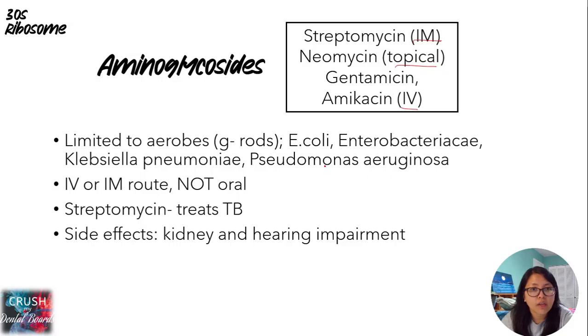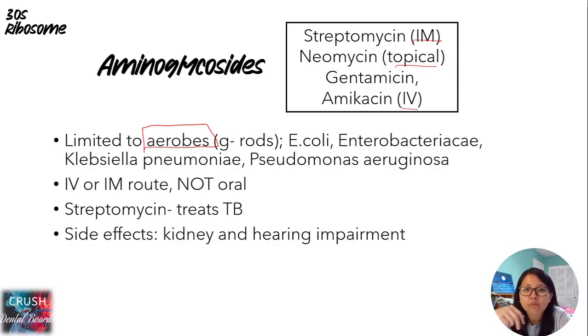Now, aminoglycosides are limited to aerobes. Okay, aerobes, oxygen loving. Anaerobes cannot survive in the presence of oxygen. So your aminoglycosides are limited to aerobes. These bacteria need oxygen to survive.